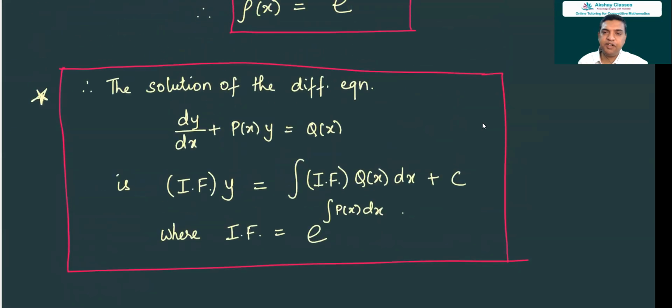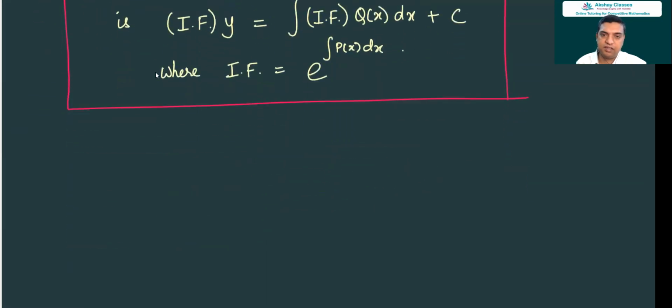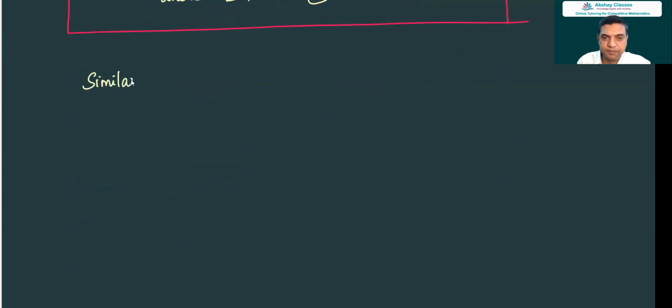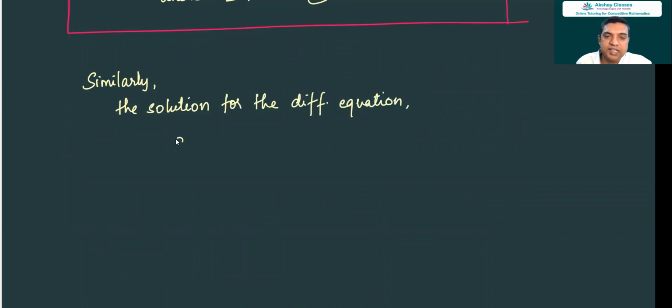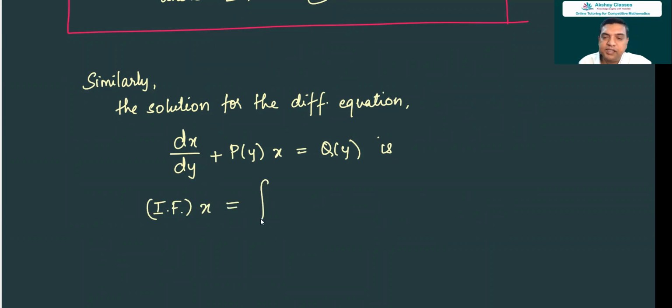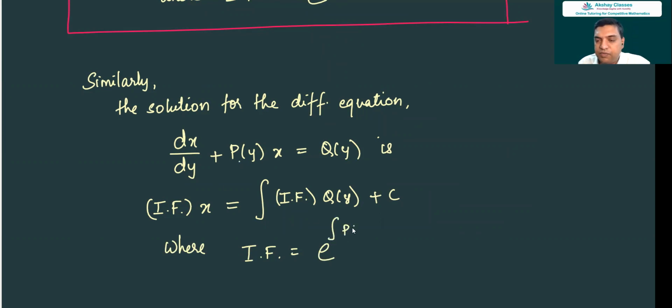Now, similarly, the solution for the differential equation dx by dy plus p of y times x is equal to q of y is integrating factor times x, the dependent variable, equal to integral of integrating factor times the right hand side function plus c, where the integrating factor is equal to exponent of the integral of this function p of y dy.